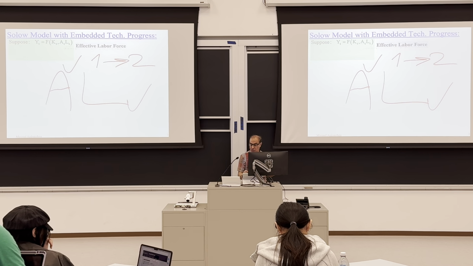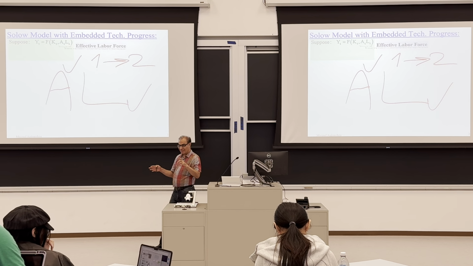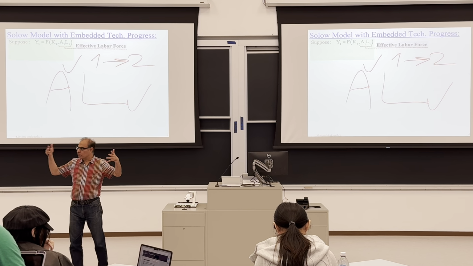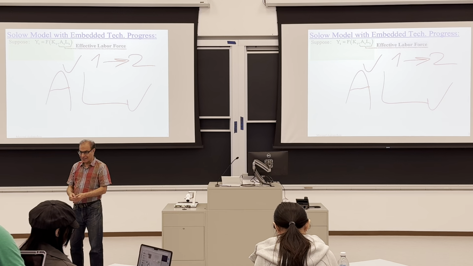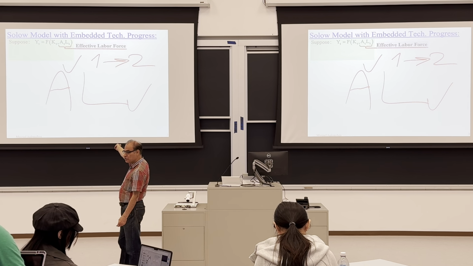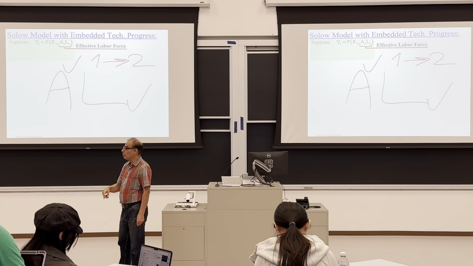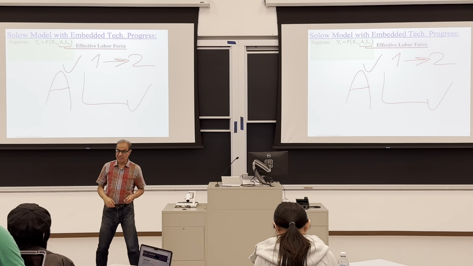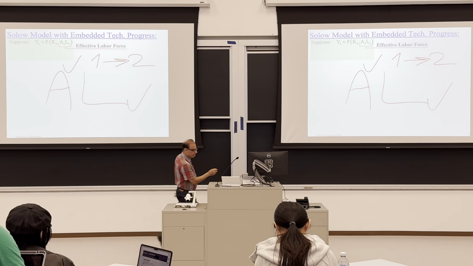The same number of workers can work like what? Twice more. For example, if you had 10 labor force initially, with twice better technology, the same 10 people can work like what? 20. Can you see that? Effective labor.